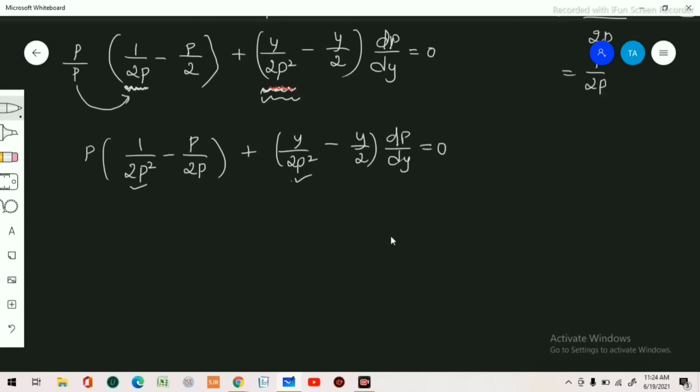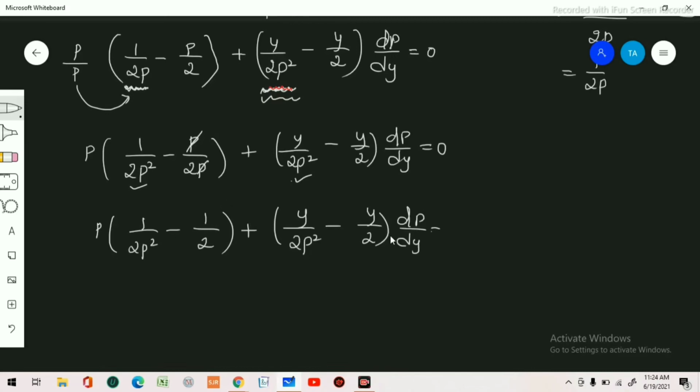Here I have y in the numerator, correct? These two terms will get cancelled, p and p. I am remaining with 1 by 2p square minus 1 by 2 plus y by 2p square minus y by 2 dp by dy.